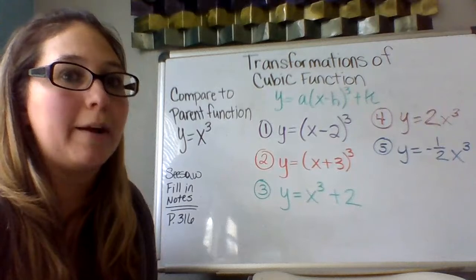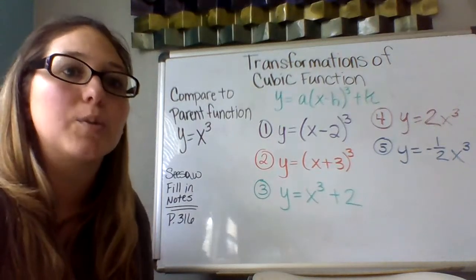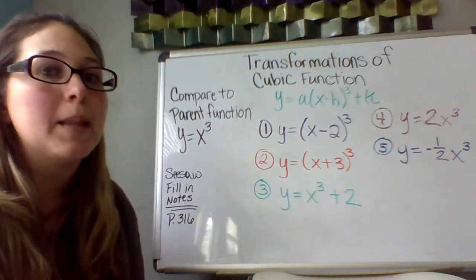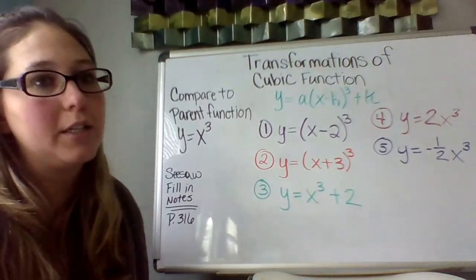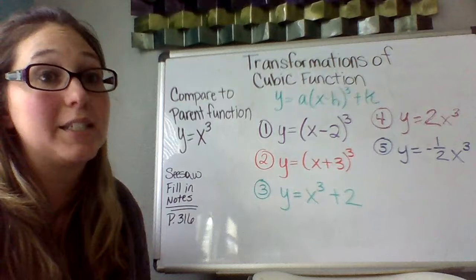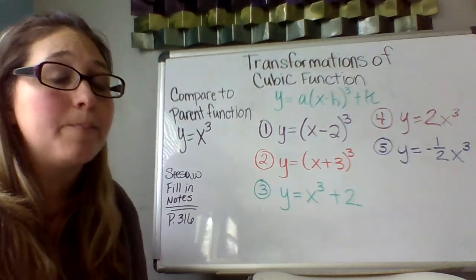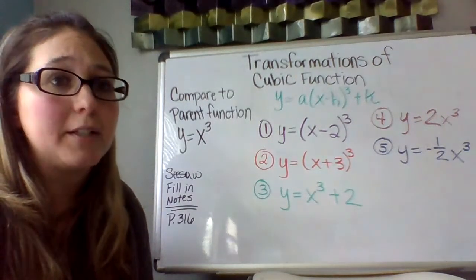Our first example is y equals (x minus 2) cubed. You'll notice from the parent function, what changed was we have a negative 2, but it's inside the parentheses. You probably recall we've done this before: if it's inside the parentheses, it actually does the opposite of what we think it's going to do.